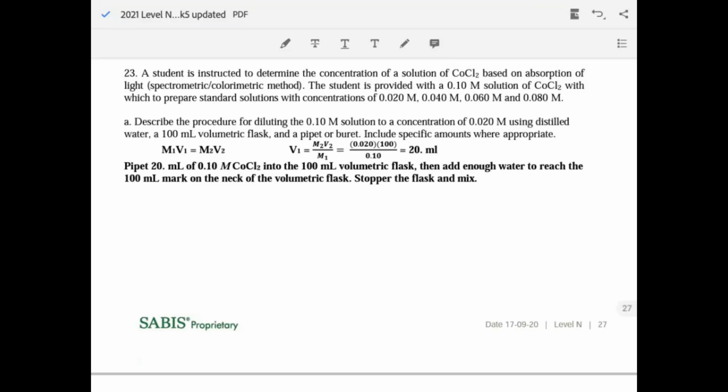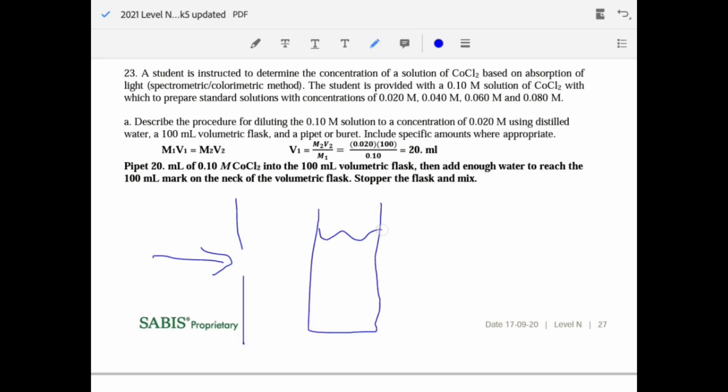Okay, so for number 23, you are asked about the spectrometric or calorimetric method, which is basically how you determine the absorption or concentration of a solution, or the absorption of light. So you have light that goes through a hole, and then it passes through a test tube, and it has to be a colored solution.